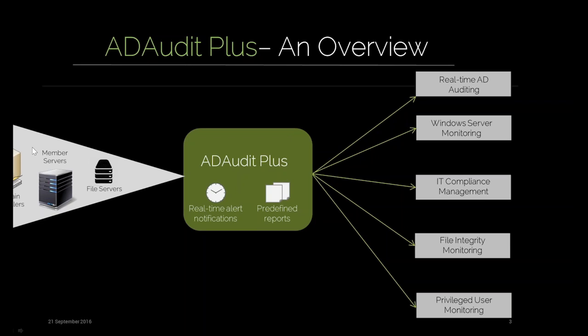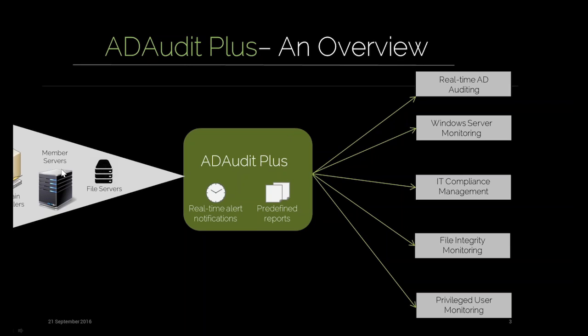So that's the file server. In all these computers, ADAudit Plus will collect the data from the security logs. The security logs are the primary source of ADAudit Plus from where the information will be taken. Until I talk about the security logs, you're just installing the software and configuring everything.